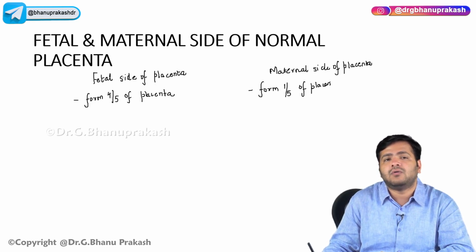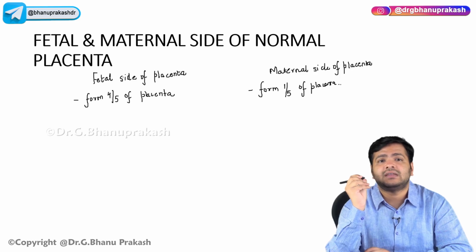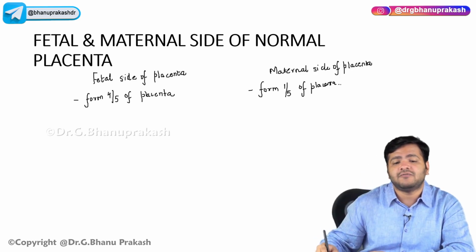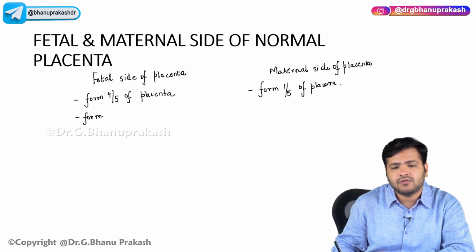Now, the next difference: the fetal side of the normal placenta is formed from the chorion frondosum.